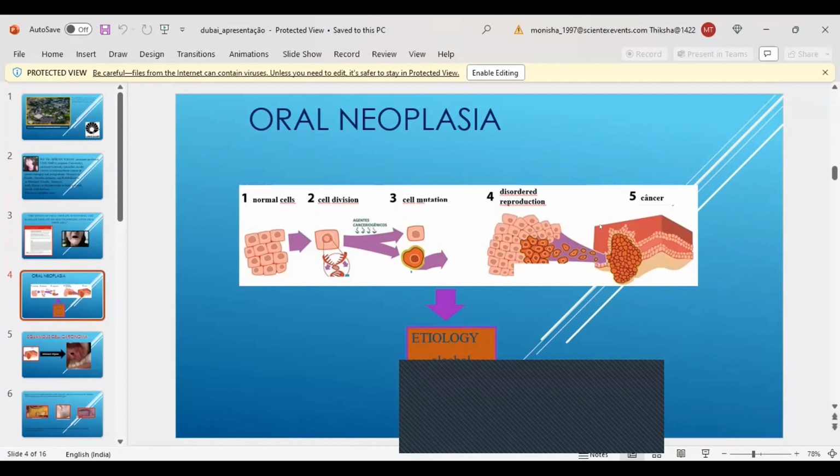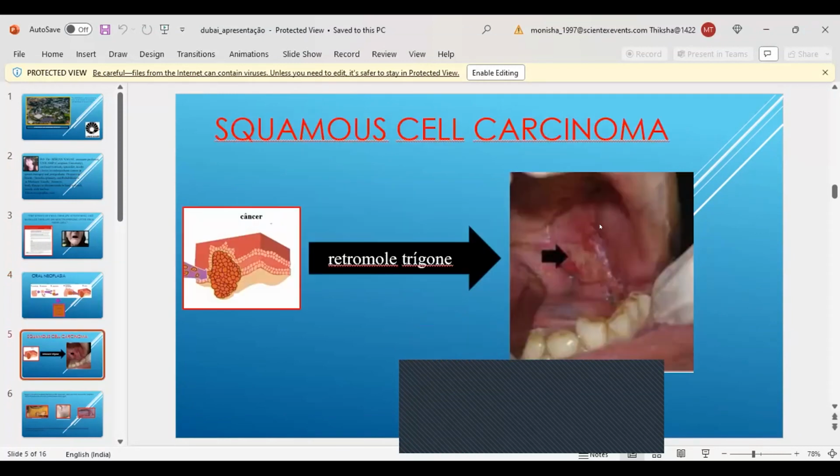Number 3, cell mutation due to the etiology of alcohol and tobacco. Number 4, disordered reproduction. And finally, number 5, the presence of cancer. And here, the main site of the tumor, the retromolar trigone.